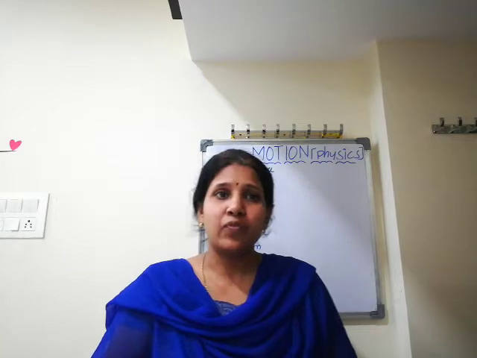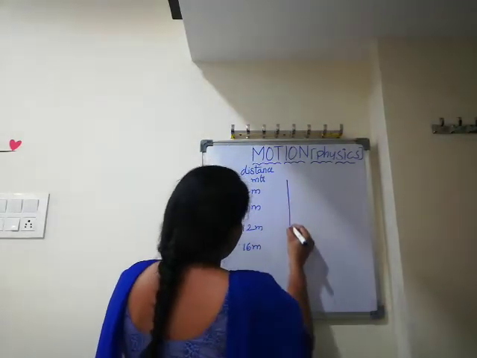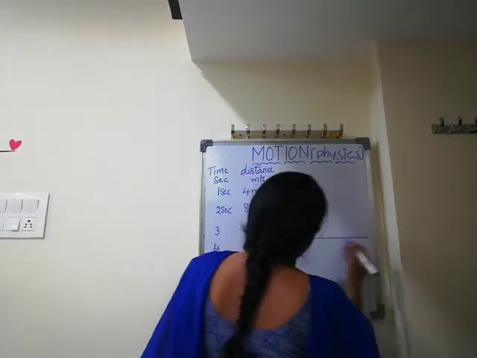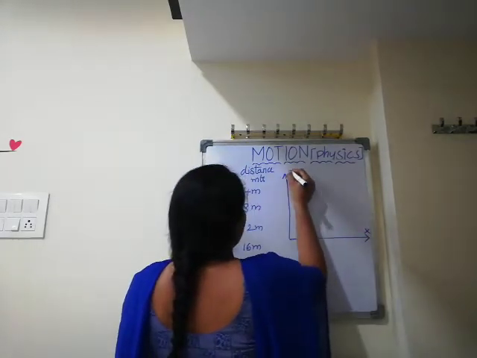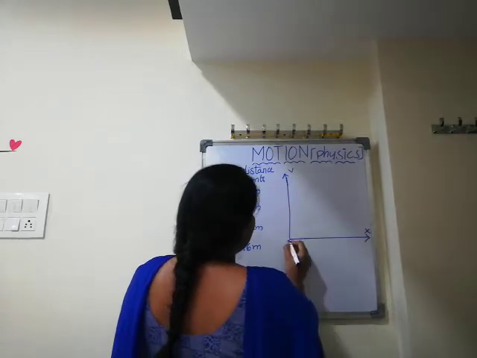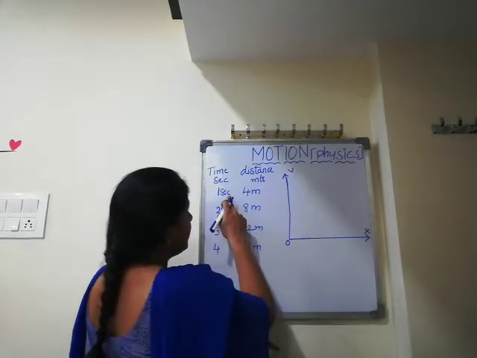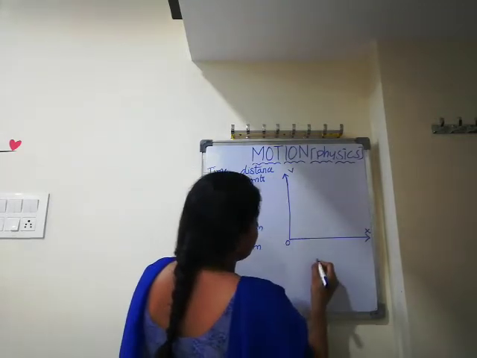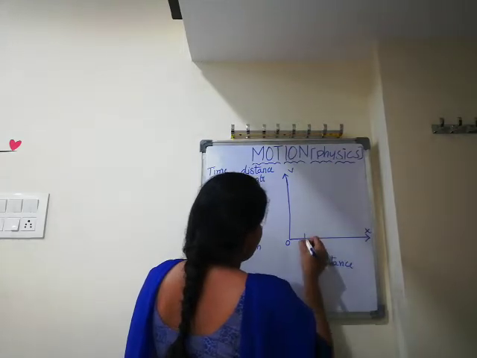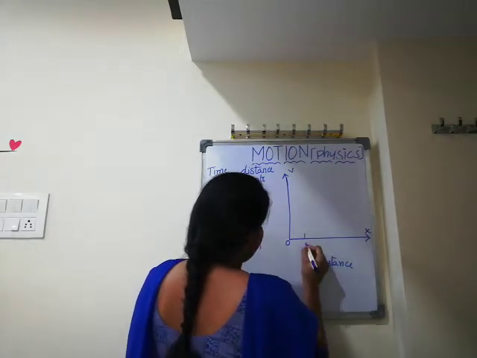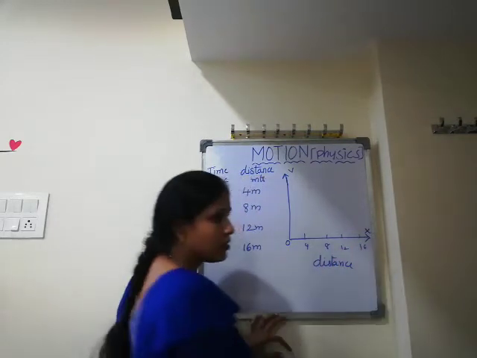But what is the shape of that graph? Now I am taking the x-axis and y-axis. This is the x-axis and this is the y-axis. This is 0. Now I am taking distance on the x-axis: 4, 8, 12, 16.